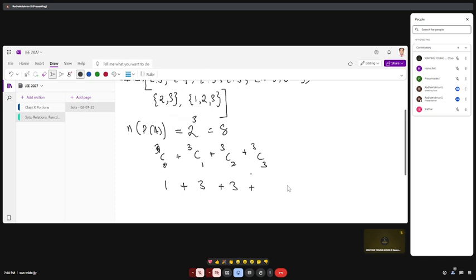With all 3 elements, that is 1. So 1 plus 3 plus 3 plus 1 is 8, which is also equal to 2 cubed. So nC0 plus nC1 plus nC2 plus nC3 is also equal to 2 to the power of n. And that is the number of elements in the power set, or the total number of subsets of a set. Is that clear, ma?